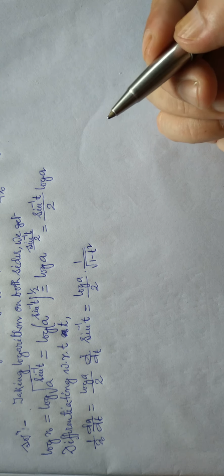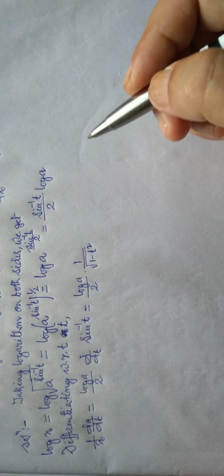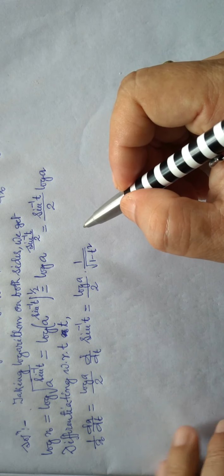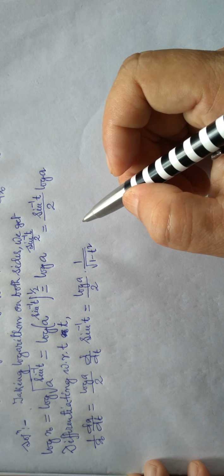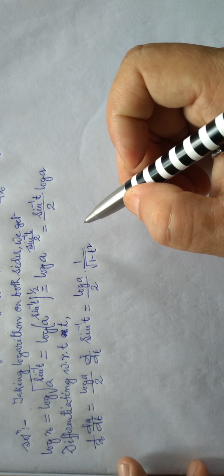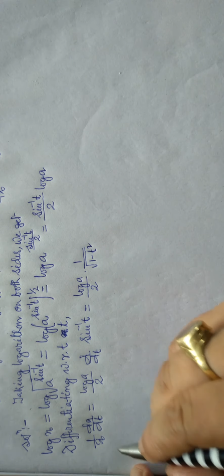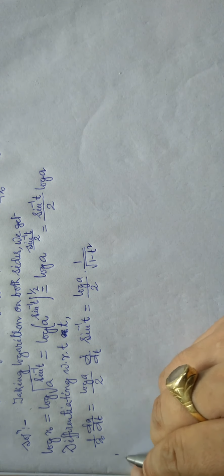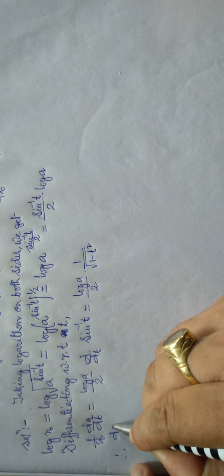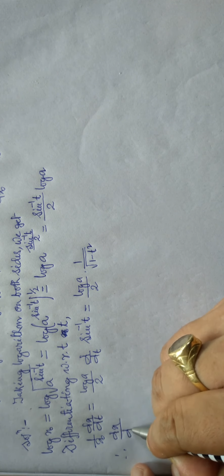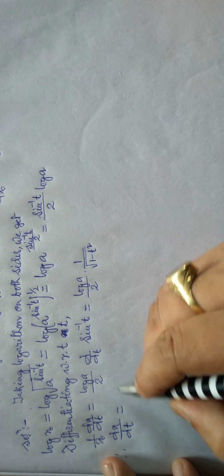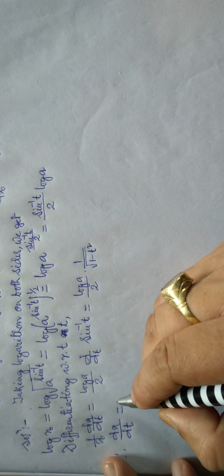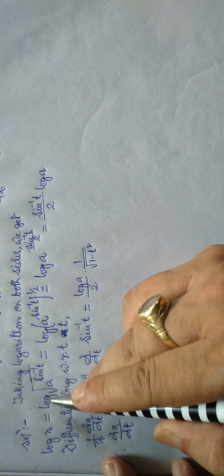We go. Okay. Then dx by dt, so therefore dx by dt, that is equal to x. X is already we got it, this one.